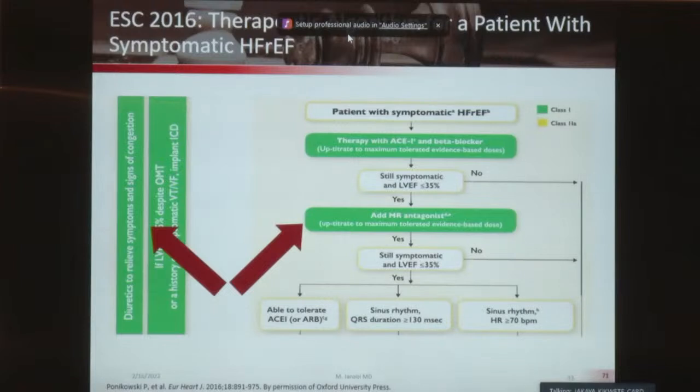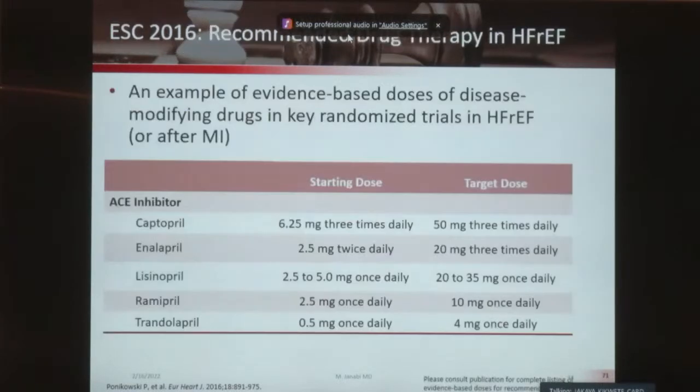The statin, I'm okay with it. The guideline says the target should be below 70 milligram per deciliter. But back to the guideline again, if the symptoms are not improving, we are recommended to use an MR antagonist, which are spironolactone and others.